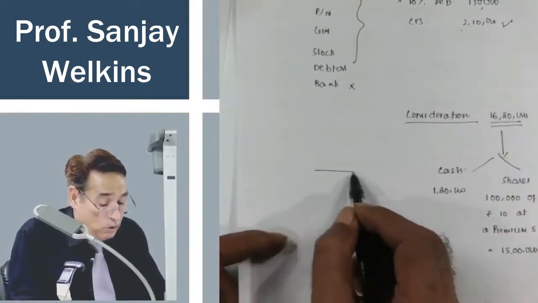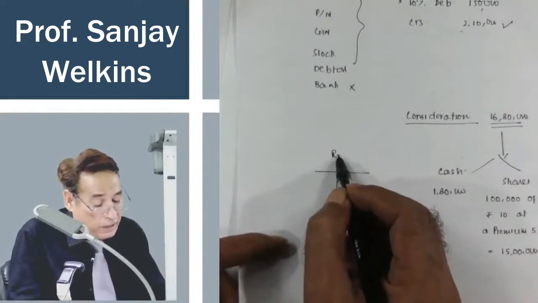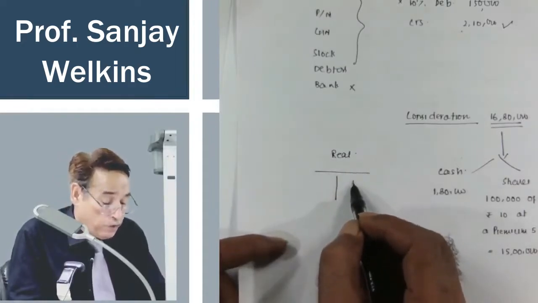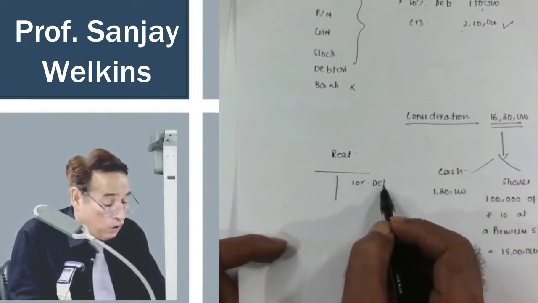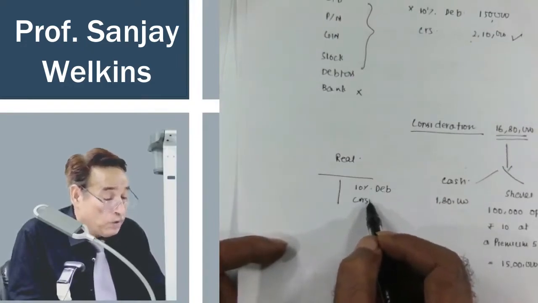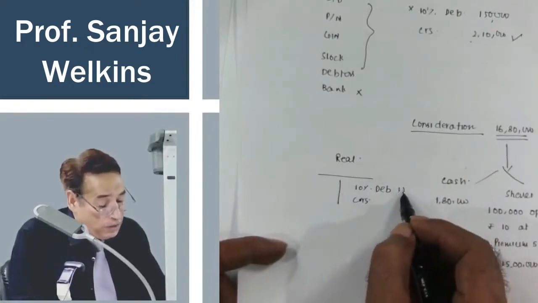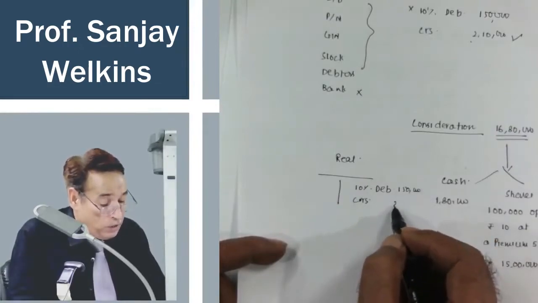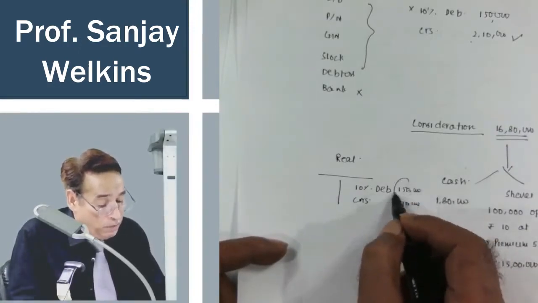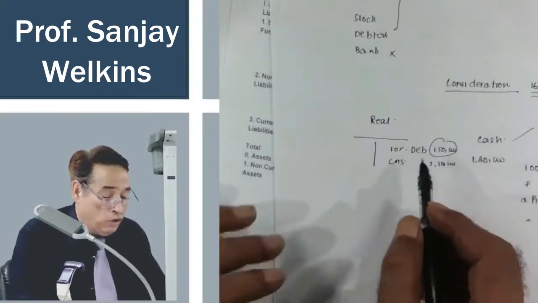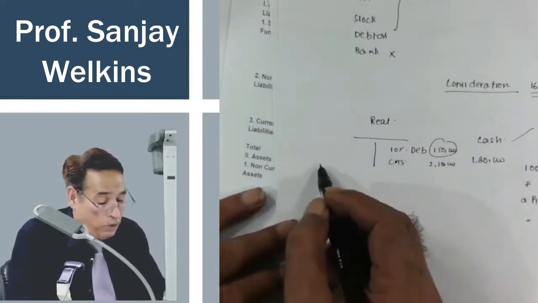But I also told you that whatever liabilities are there, you are going to first of all transfer to the credit side of the realization account. So you must have transferred debentures and creditors to the credit side of the realization account. Now because this liability is not being taken over, you are going to actually pay them off later on.